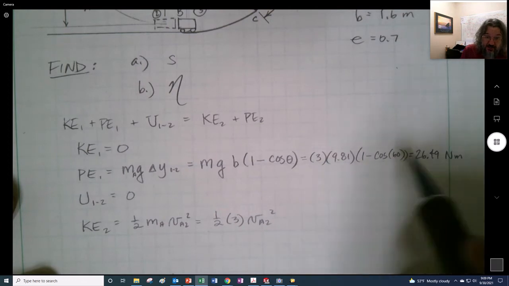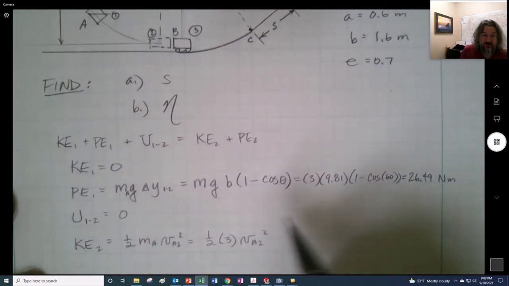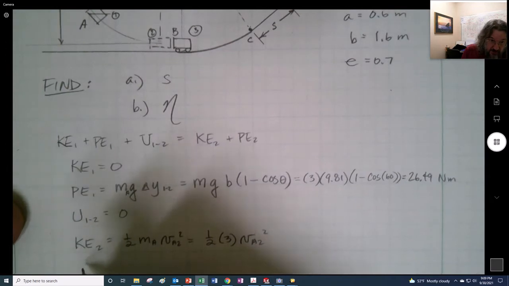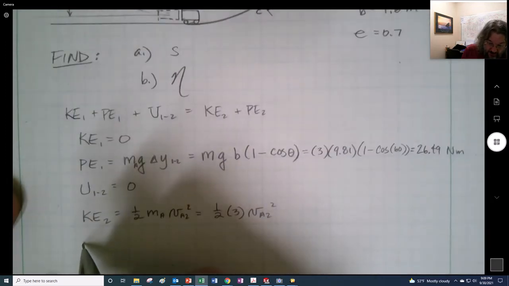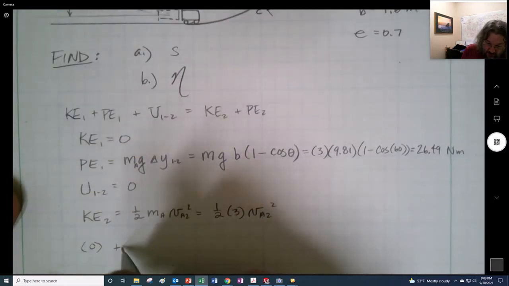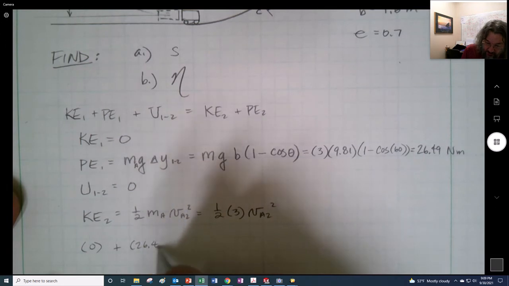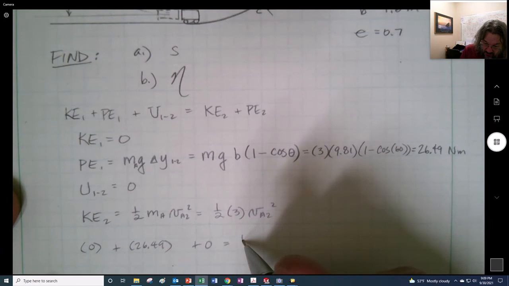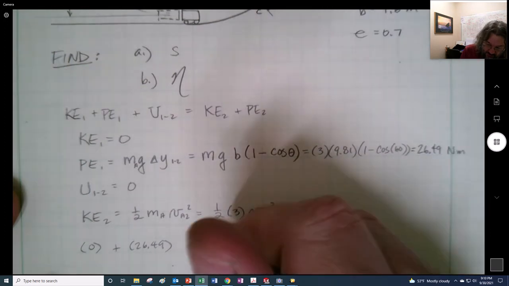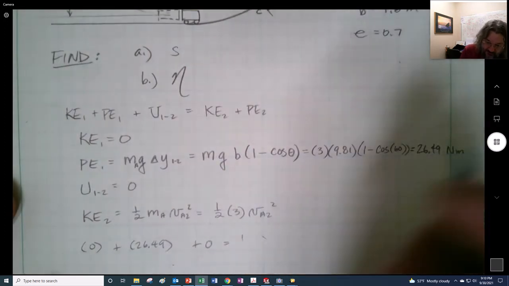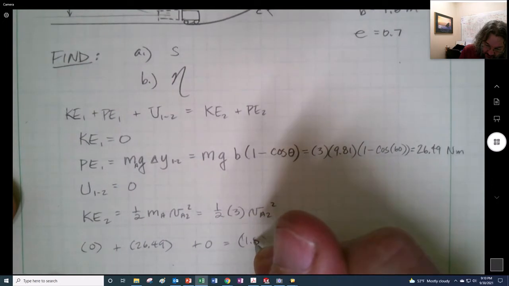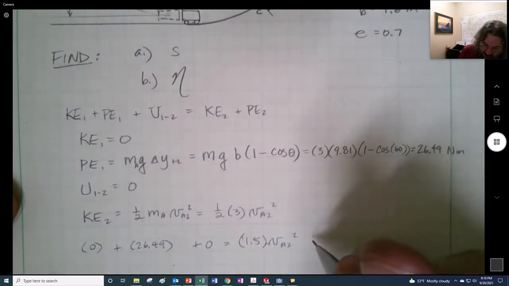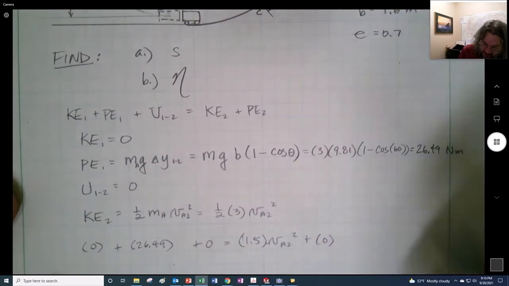Potential energy is going to turn into kinetic energy, so we put them back into the equation: 0 plus 26.49 plus 0 equals 1.5, which is 3 divided by 2, times VA2 squared, plus 0.